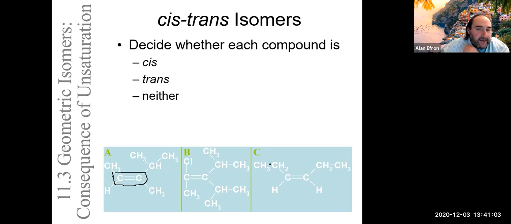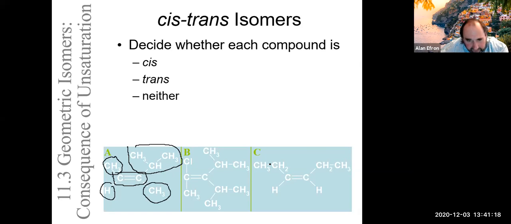That's our carbon-carbon double bond, so we want to look at that. We want to first check to make sure that this group here, which is a CH3 and an H, those are different, so that's good. This isopropyl group here and our CH3 are different. So that is good as well.